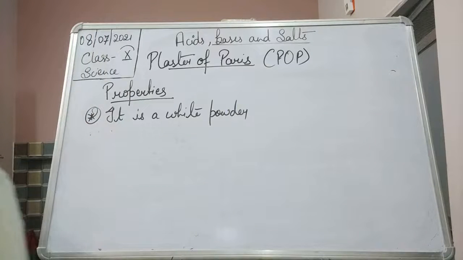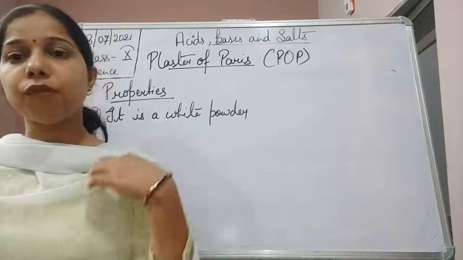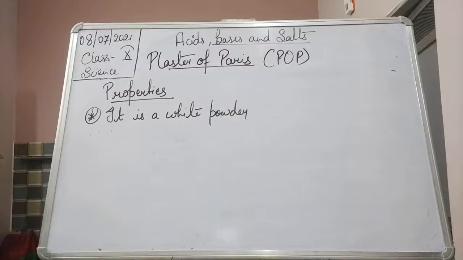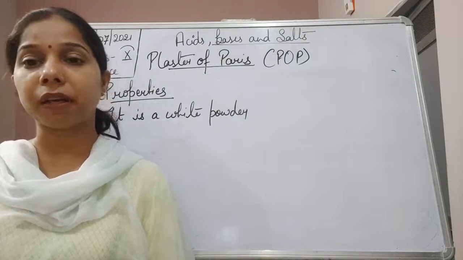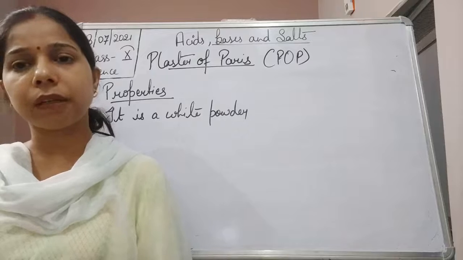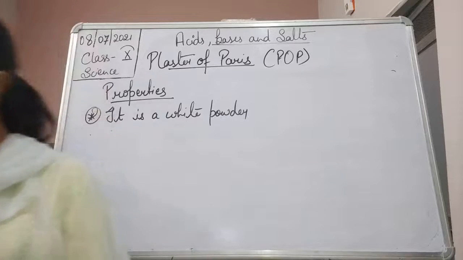Then it has a property of setting. When water is added to the plaster of Paris for 5 to 15 minutes, it will get converted into gypsum, which is a very hard substance. That is why plaster of Paris is used in the way you have seen.